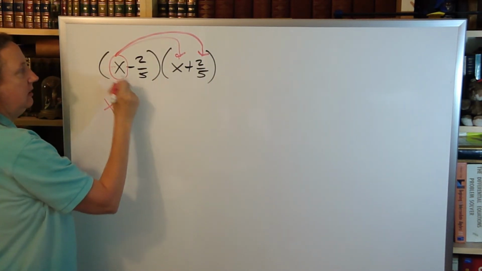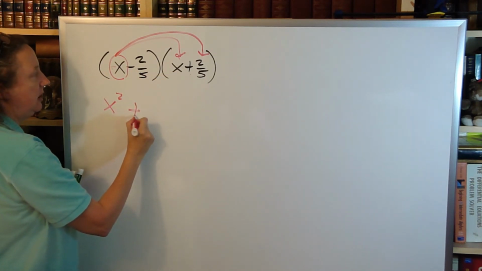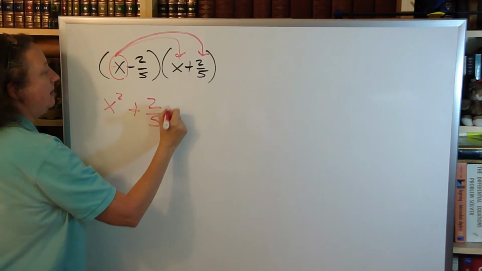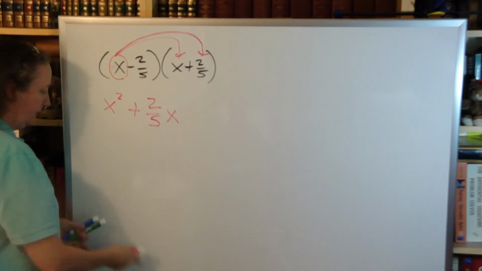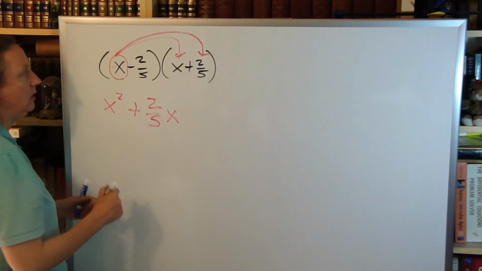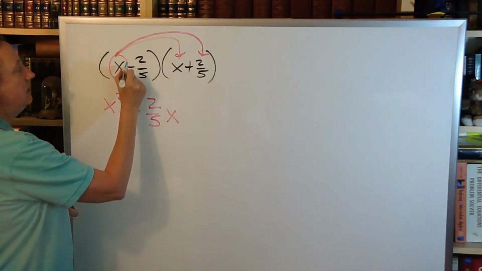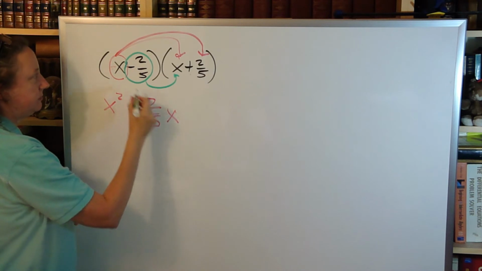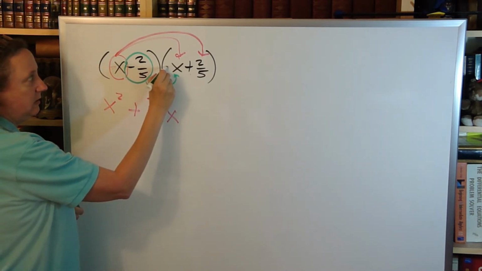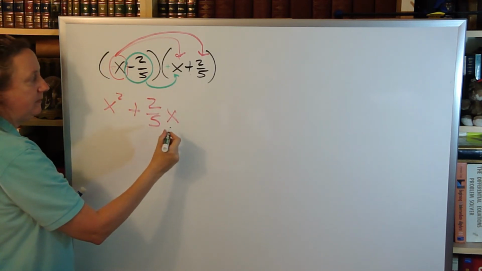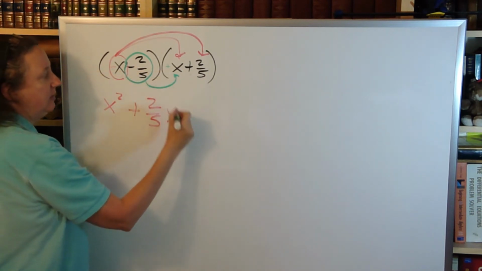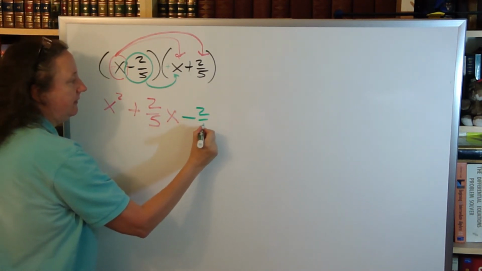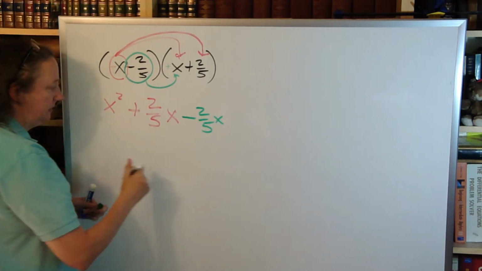We have a plus here, a plus there, gives us a plus. 2/5 times x. We take the inside times the inside. We have a minus there and an understood plus there. So minus times plus is minus. 2/5 times x is 2/5 x.